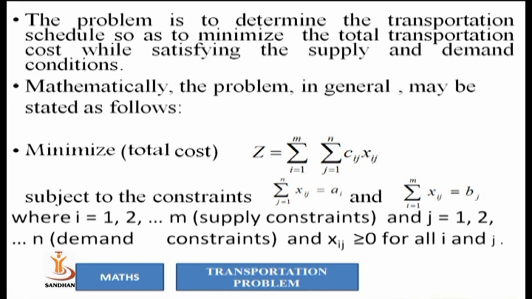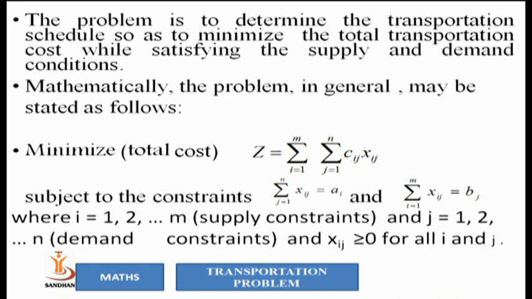The problem is to determine here the transportation schedule so as to minimize the total transportation cost while satisfying the supply and the demand conditions. Mathematically, this problem can be stated as follows. We have to minimize the total cost such that Z is equal to summation Cij into Xij, where Cij are the costs and Xij are the number of units.